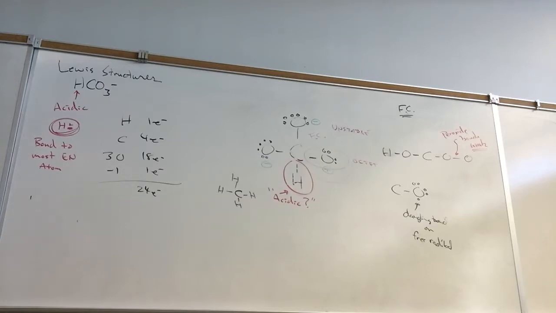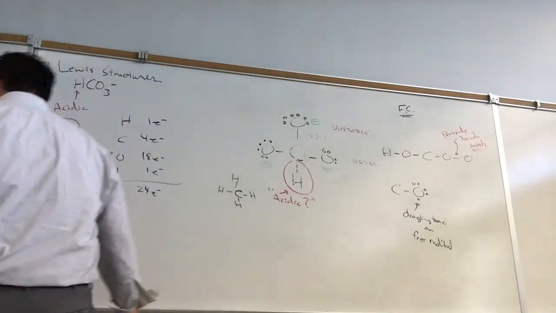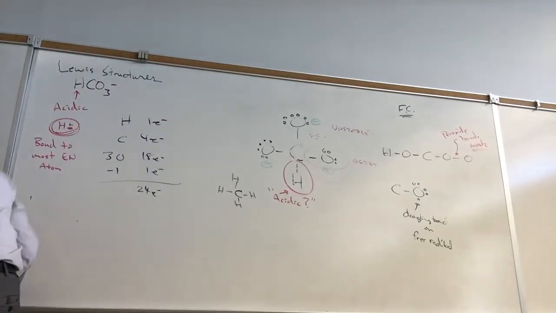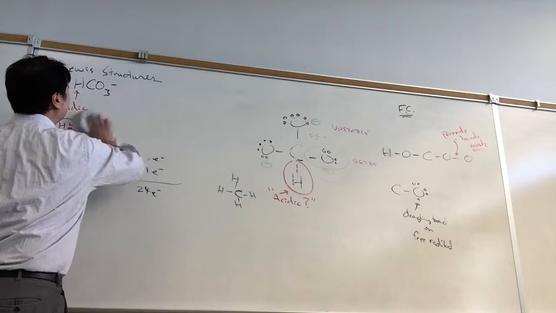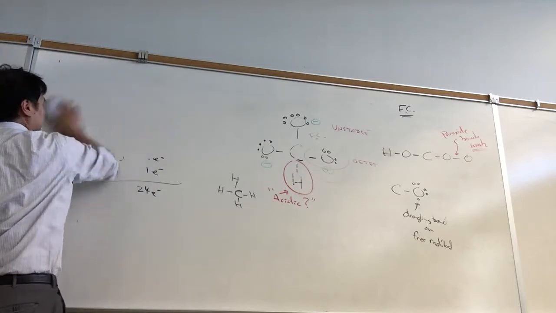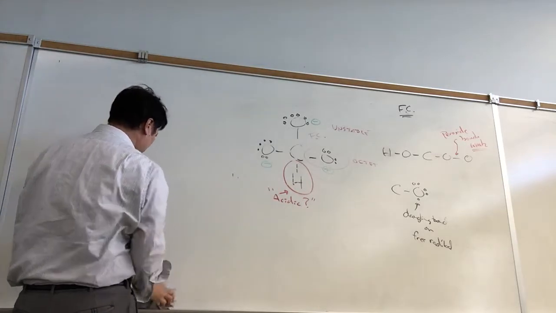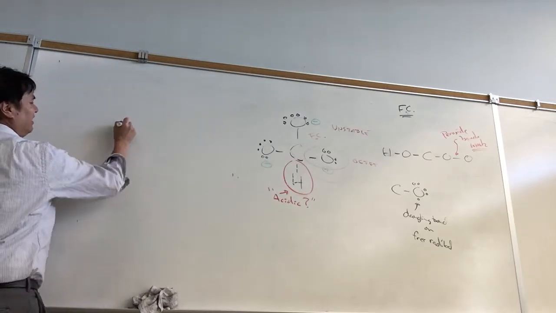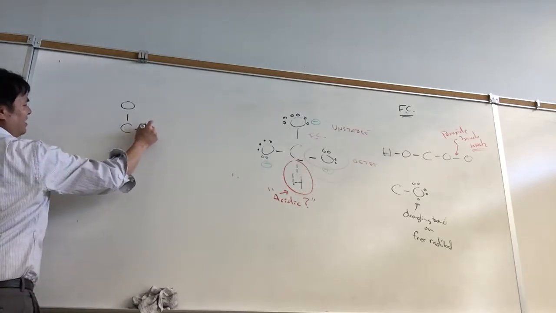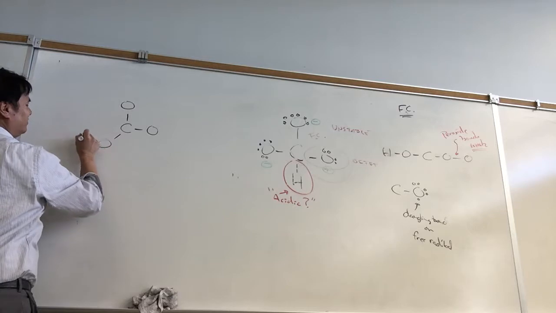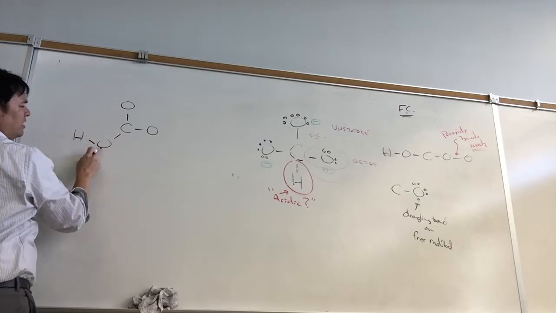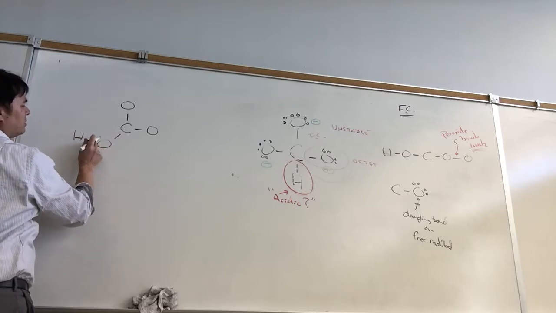Plus, the formal charges on this structure are going to be way off. And so what we end up with is a structure like this, maybe, in which the hydrogen will be bonded to one of these oxygens.